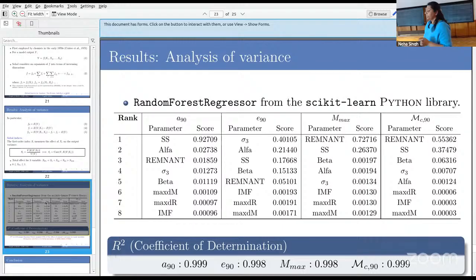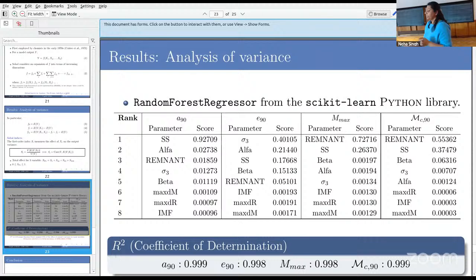In the bottom panel, what I show is our square value for this regression analysis that we did, and it shows for A90 99.998. What it means is that when we did this analysis, this algorithm was able to assign 99.9% of the effect of the fluctuation. Like, where is this fluctuation coming from?